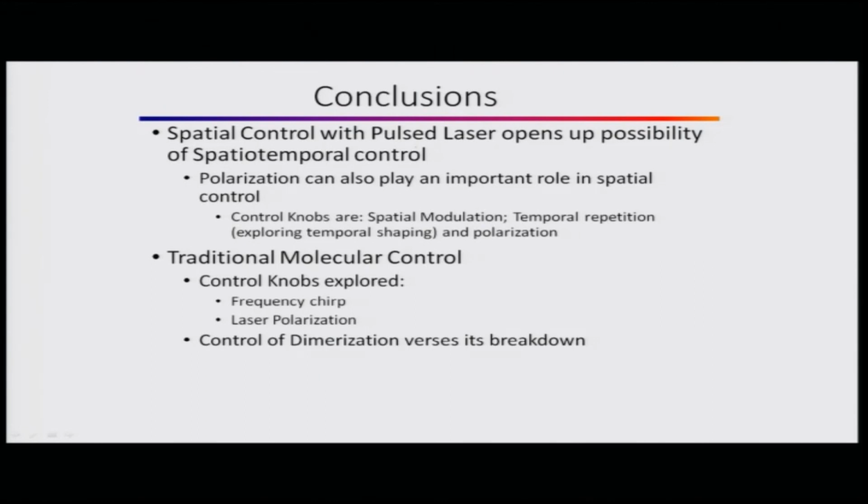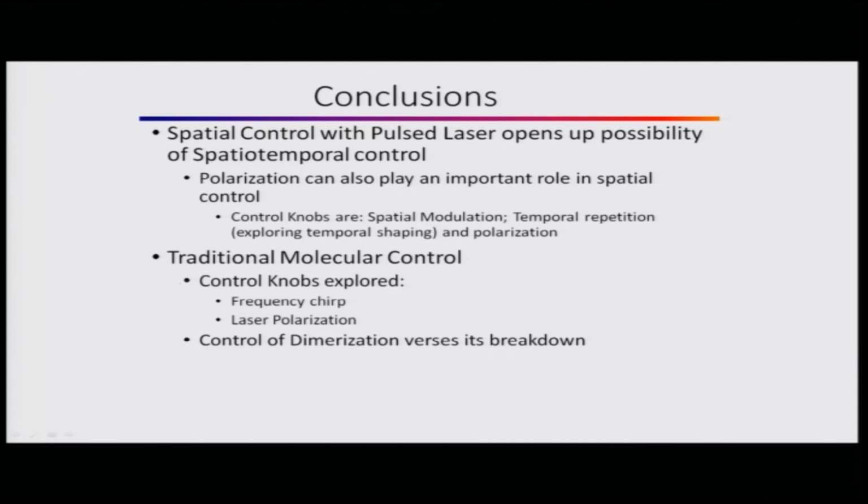So, the spatial control with pulse laser opens up the possibility of spatiotemporal control. Polarization can also play an important role in spatial control. Control knobs which were used were spatial modulation, exploiting temporal shaping, and polarization.